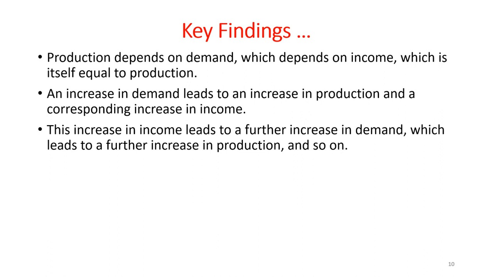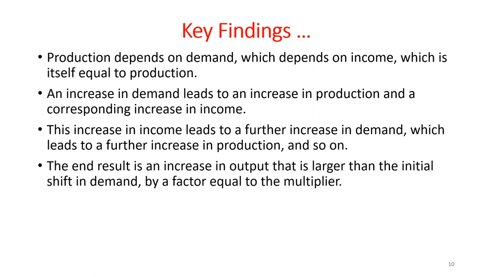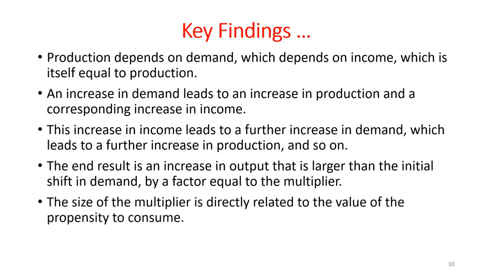The end result is that an increase in output is larger than the initial shift in demand by a factor equal to multiplier, and the size of this multiplier is related to the value of MPC. Higher the MPC, higher the multiplier.